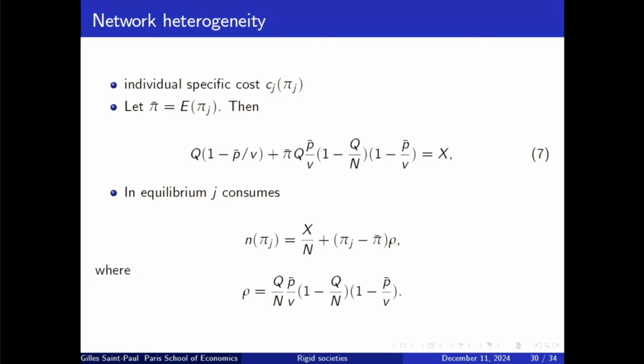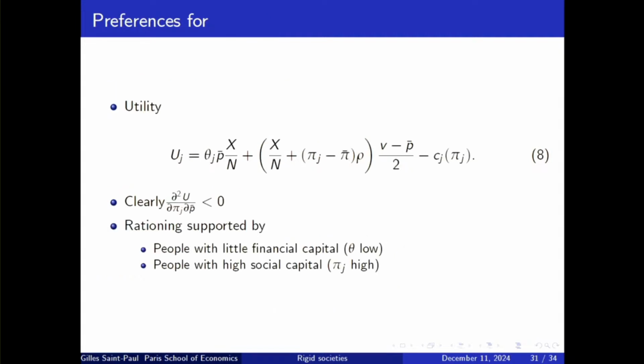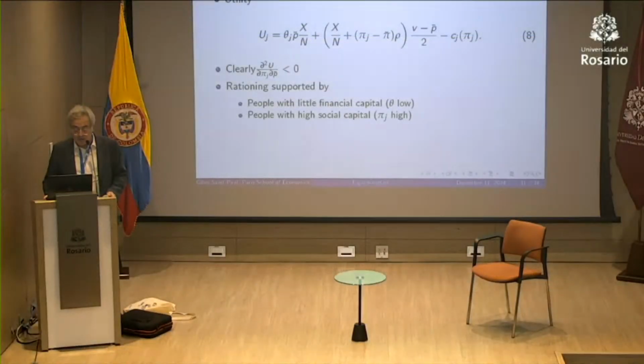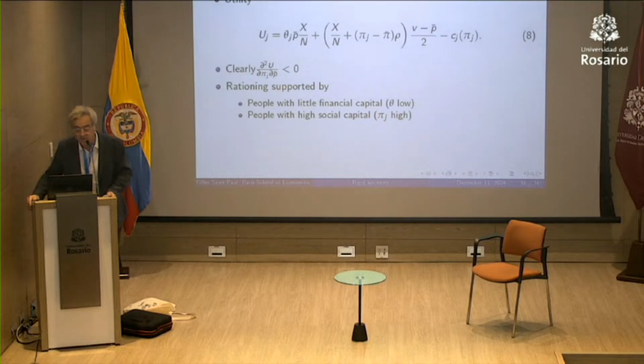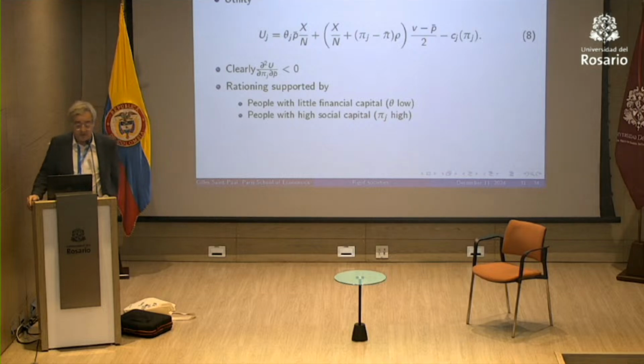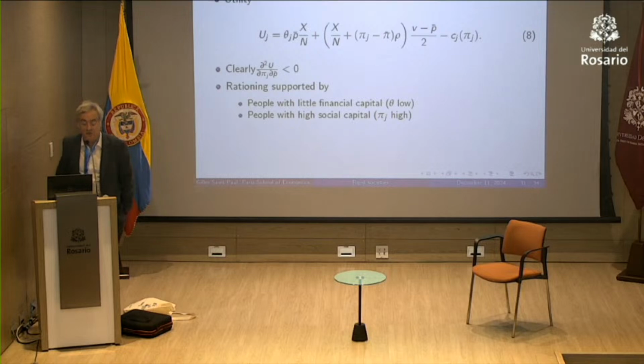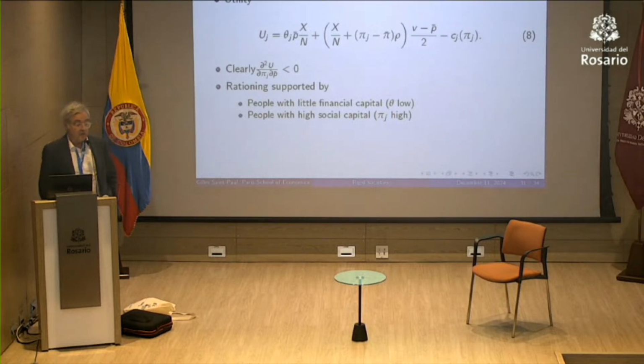Where rho again is this index of how many goods are allocated through the social networks. So I can substitute this into utility, and here the key point is the cross derivative of this u with respect to pi sub j, the intensity of my social network, and p bar, the regulated price.